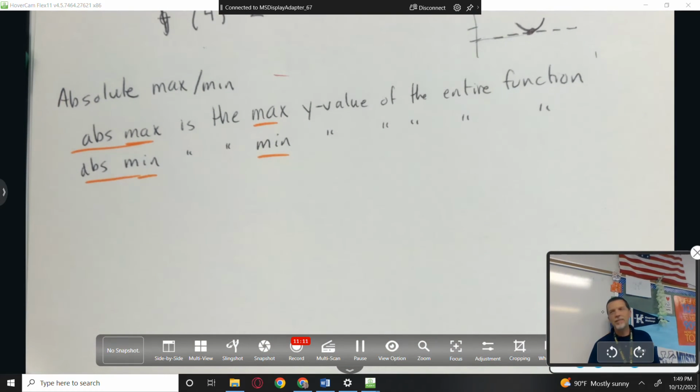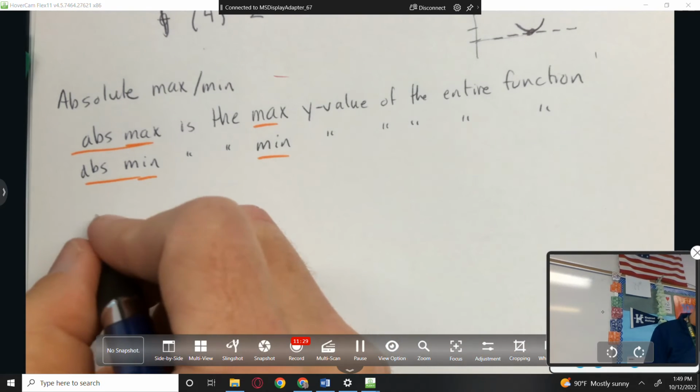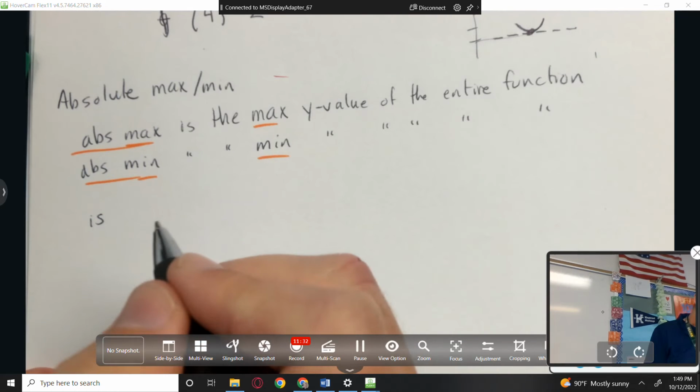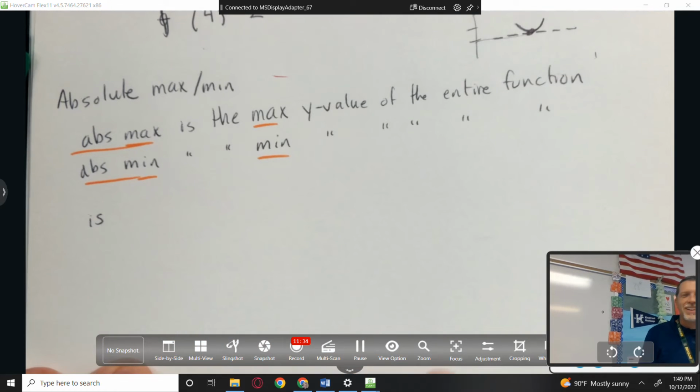There could be more than one absolute max, because they could be tied, right? If there were two highest mountains that were the same height, there would be two absolute maxes. And vice versa for min.